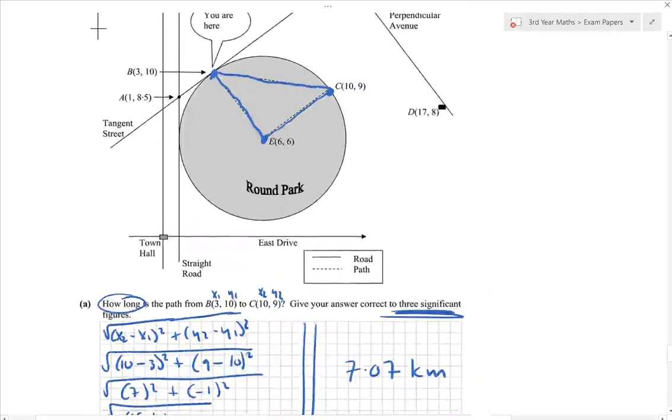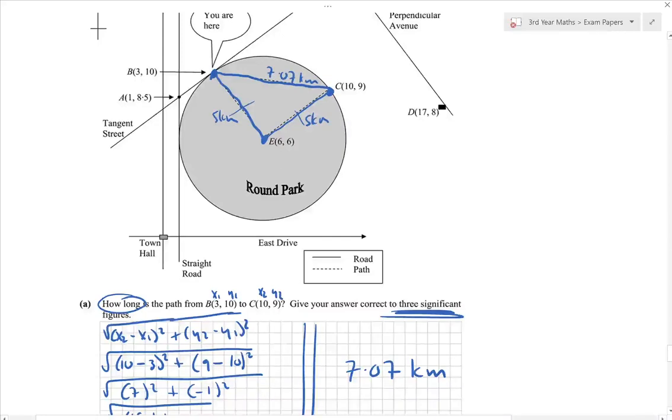So that means if you were looking at that as a triangle, it would be an isosceles triangle, because the distance from here to here is 5 kilometers. The distance from here to here is 5 kilometers. And we found in part A, the distance from B to C is 7.07 kilometers.